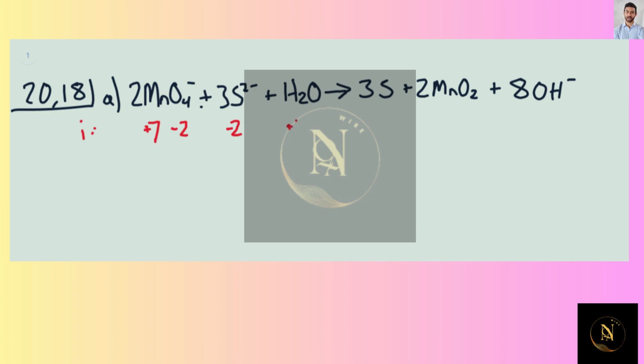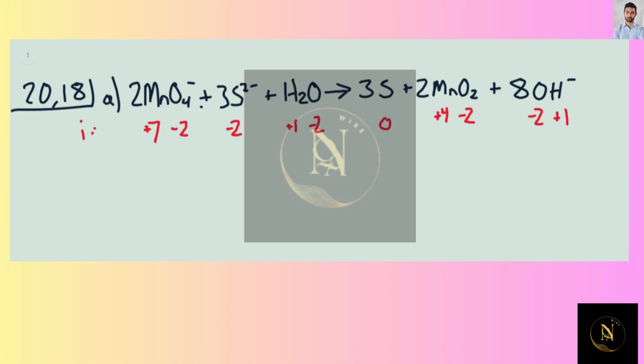Hydrogen will usually always be +1 and oxygen -2. And sulfur here is 0 because it's a neutral element. And then oxygen is -2 here, and manganese is +4. And -2 for oxygen, +1 for hydrogen.